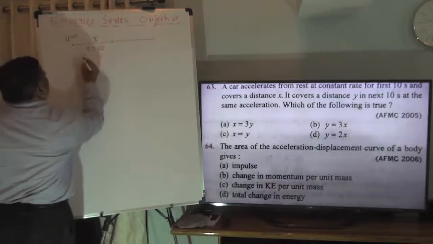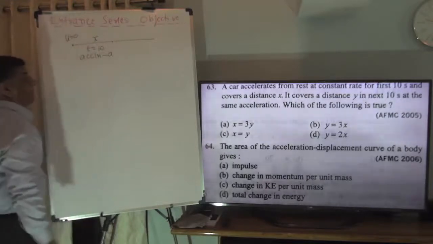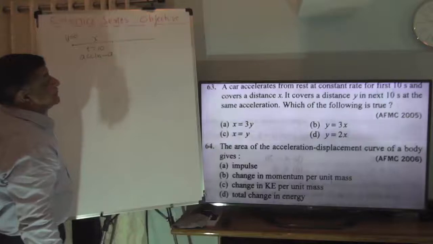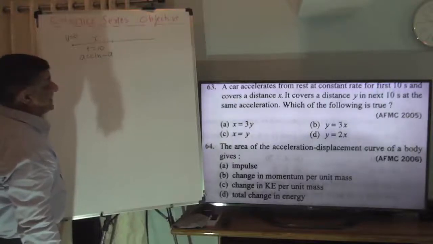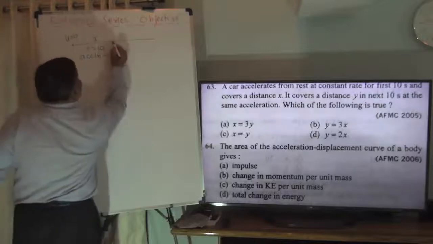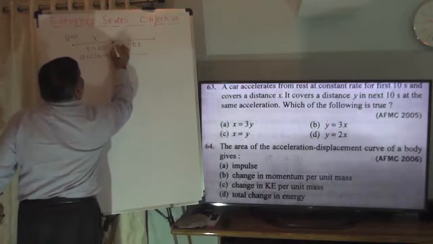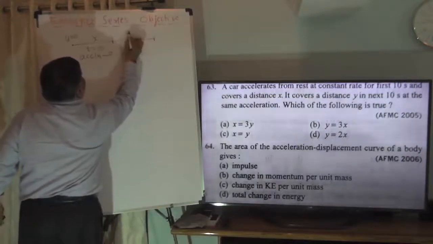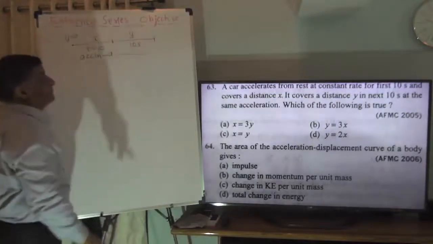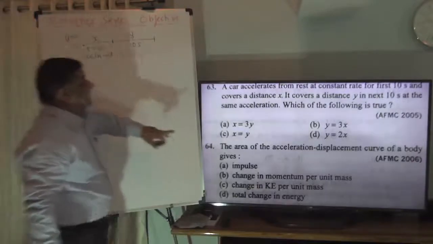It has a certain acceleration. It covers a distance y in the next 10 seconds at the same acceleration. Another 10 seconds, same acceleration a, and from here to here it is y. What is the ratio of x and y?